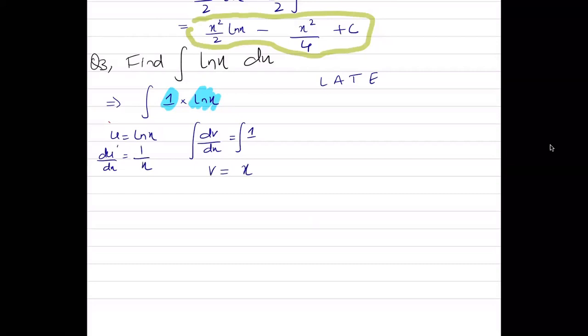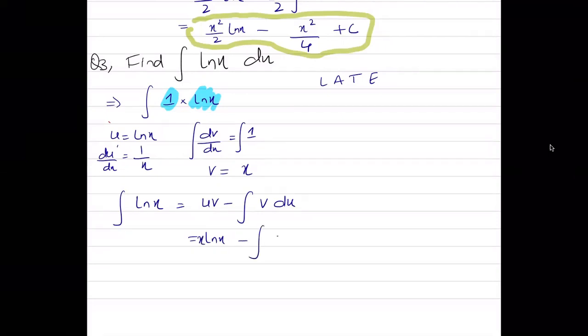Do you agree with me so far? Yes, sir. Now, if I have to integrate 1 times ln x using by parts, that's going to be uv minus integral of v du. u is ln x, v is x, so I'm going to write x over here.